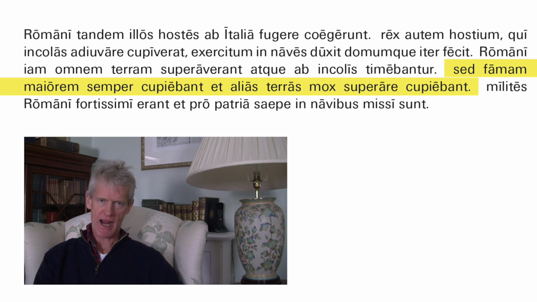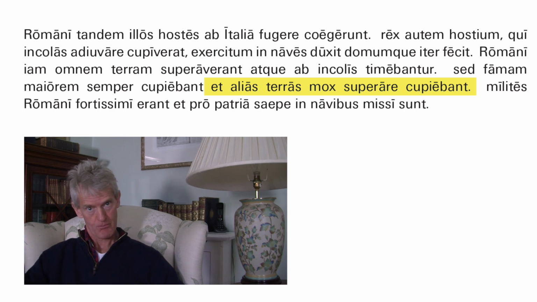Maiorem, comparative adjective from magnus. That's its accusative feminine singular. But they were wanting greater fame. Semper, always. But they were always wanting greater fame. Et alias terras mox superare cupiebant, and mox, soon, cupiebant, they were wanting superare, to overcome, alias terras, other lands.